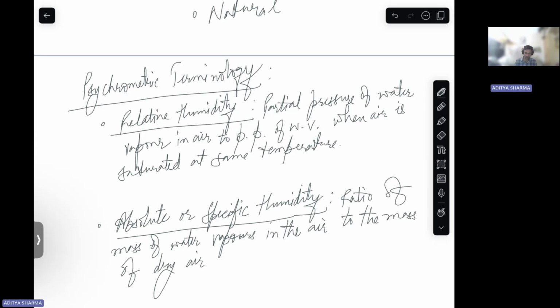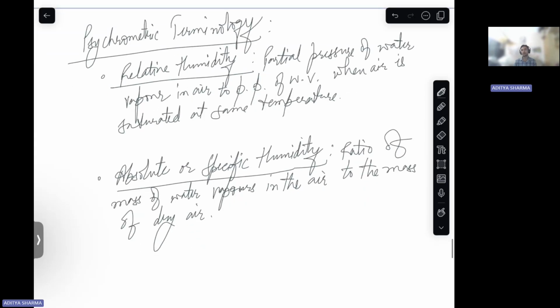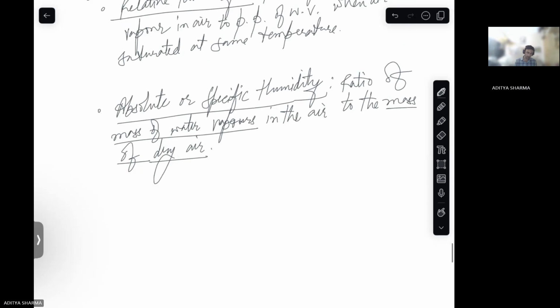If we take the ratio of the mass of water vapor in that air to the air itself, air without vapors, that is dry air, then what we get is specific humidity or absolute humidity.